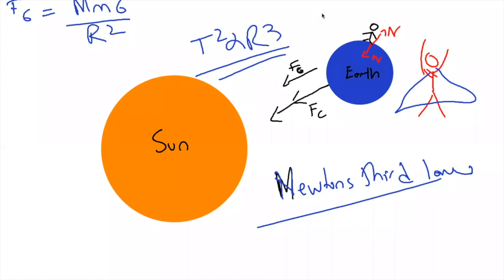So I'm erasing everything. And before we do this, just like we defined FC and the other forces in circular motion, and just like we defined SHM, we have to define the gravitational force.